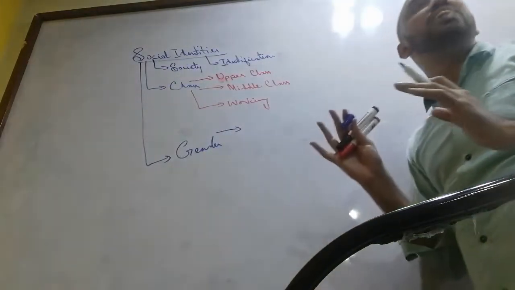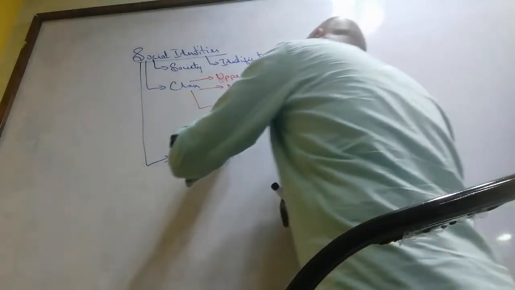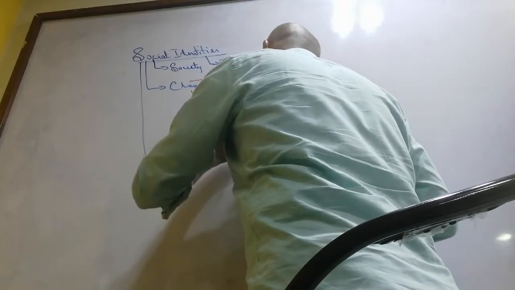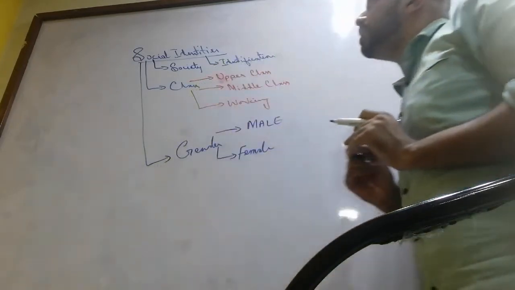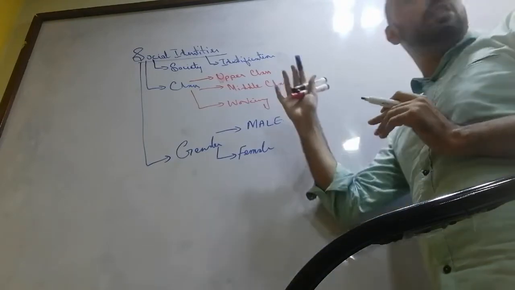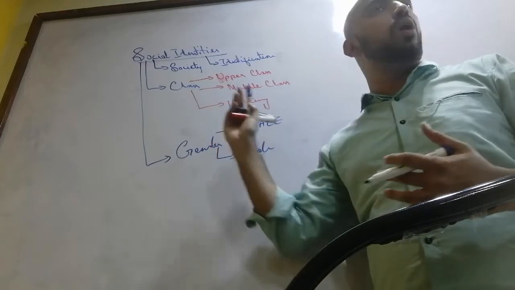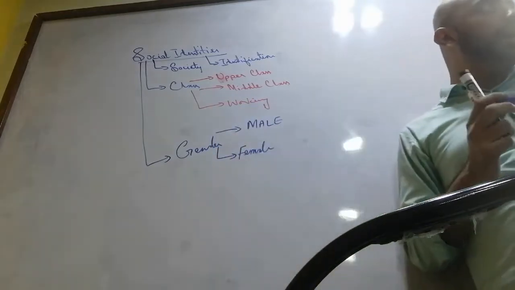Stereotypically, we need to understand gender in binary terms. Binary stands for male and female. First, we need to understand social identities in a stereotypical manner, and afterwards we will try to break all the stereotypes in terms of class, gender, ethnicity, and age.